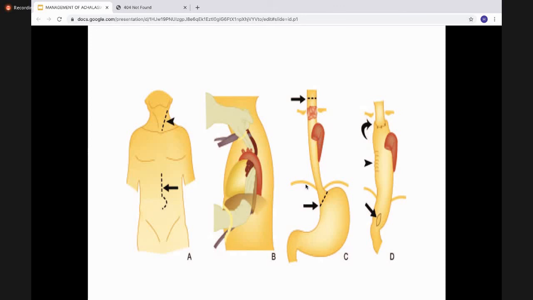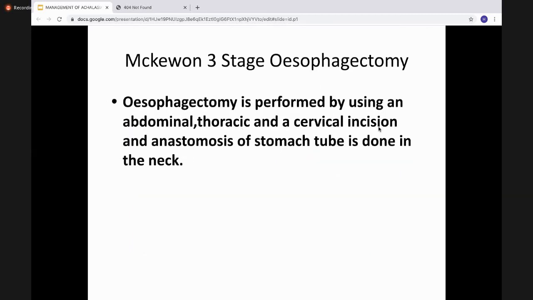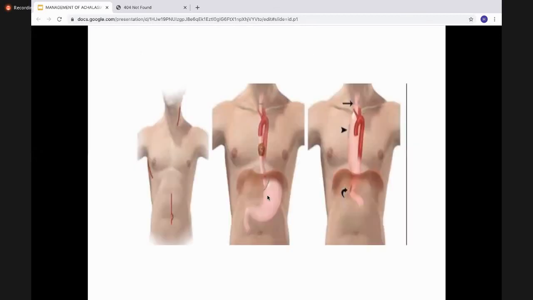The whole tumor is excised, and this stomach tube is pulled up in the neck with anastomosis in the neck. In the 3-stage operation, all 3 incisions, abdominal, thoracic, and cervical, are done. See, abdominal incision, thoracic incision, and cervical incision. The whole tumor is excised, and then the stomach is pulled up in the neck and anastomosed here.